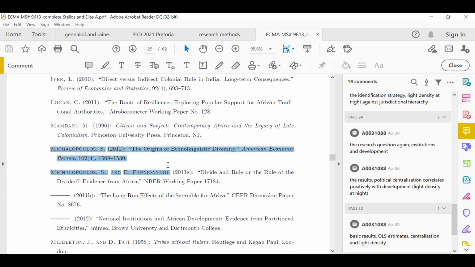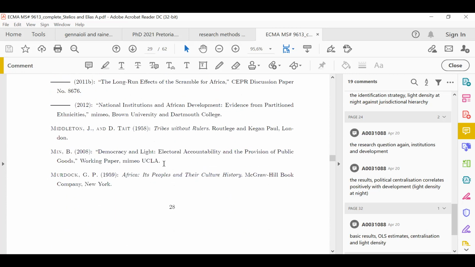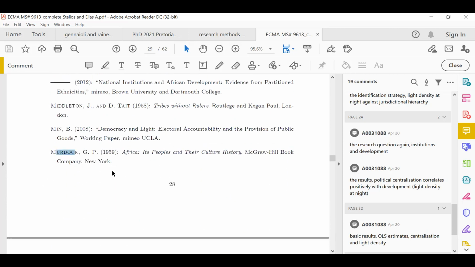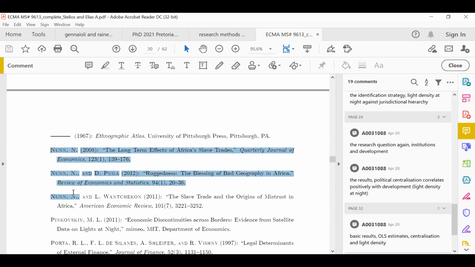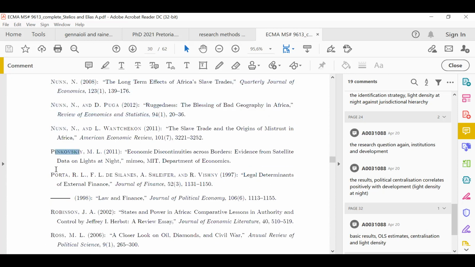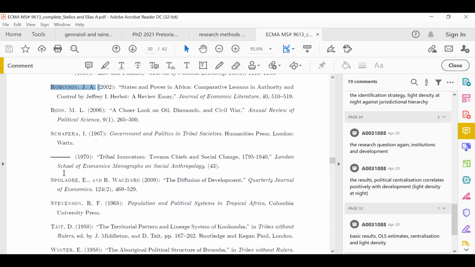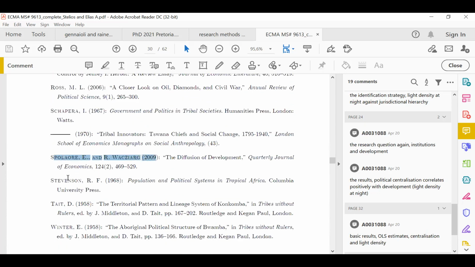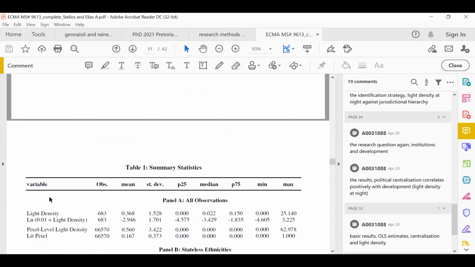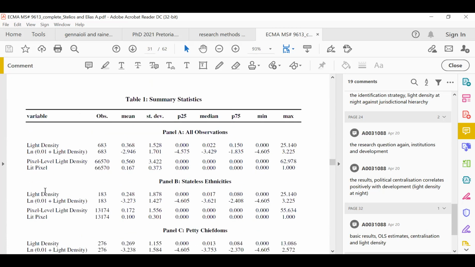Michalopoulos and Papaioannou themselves, Murdock, Nunn, Pinkovskiy, La Porta, James Robinson. Same names.